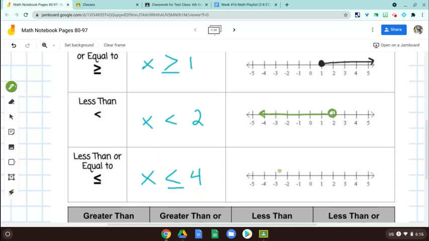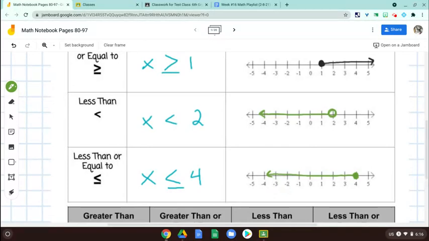So I'm going to find 4 on the number line. Now, x could also equal 4 or anything less than 4. So I'm going to give it a closed circle and draw an arrow to the left, saying that any of these numbers that are less than 4 could also be x.